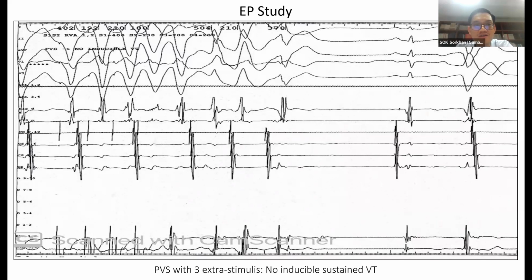The patient was off beta blocker and off flecainide; we stopped them more than 5 days before the ablation, but we could not induce any VT. The question is, is the patient still at high risk for sudden cardiac death in mitral prolapse syndrome or not? So we cannot answer it yet.